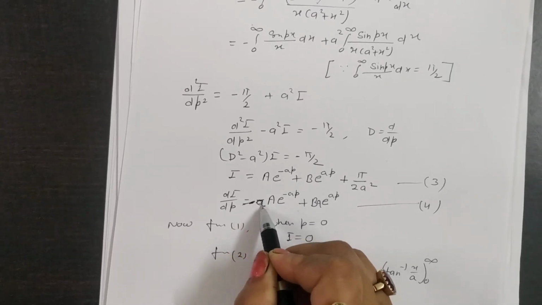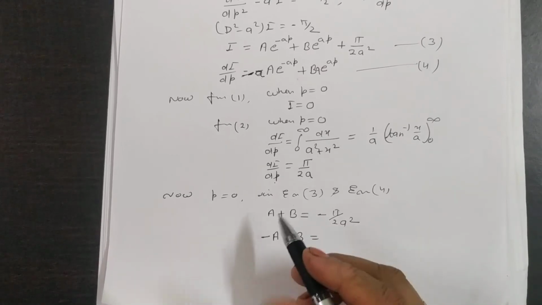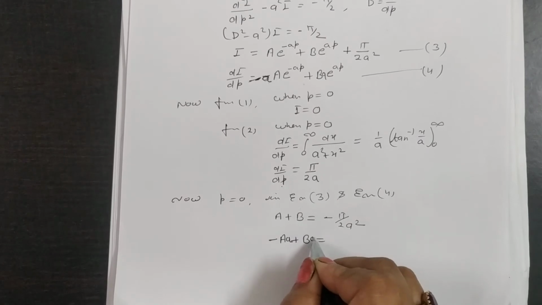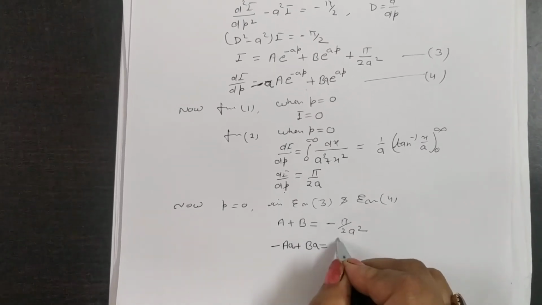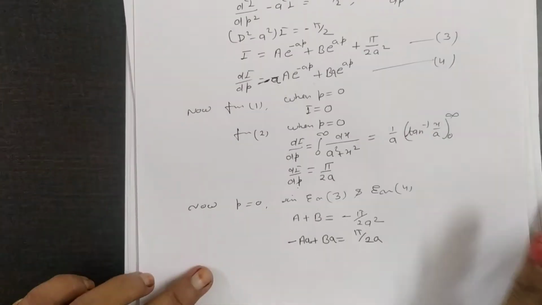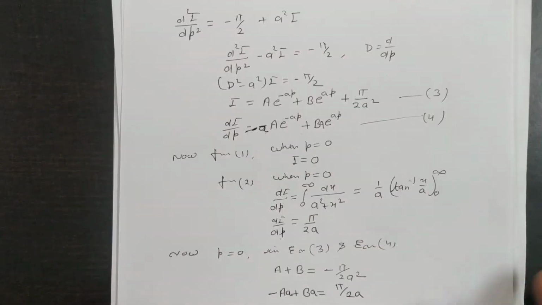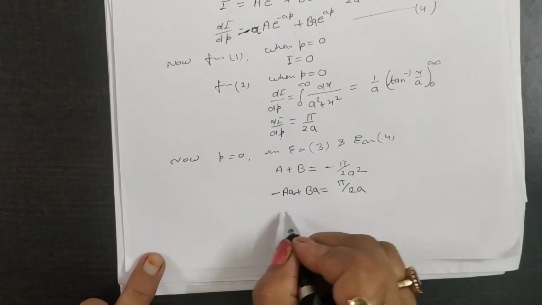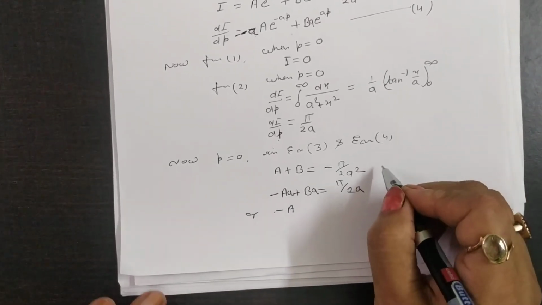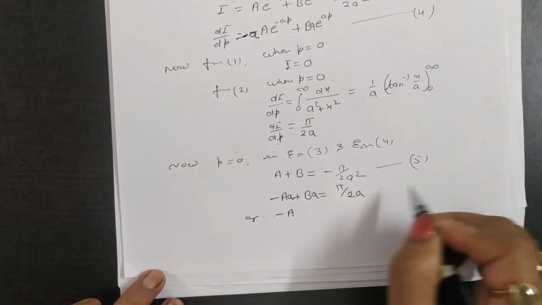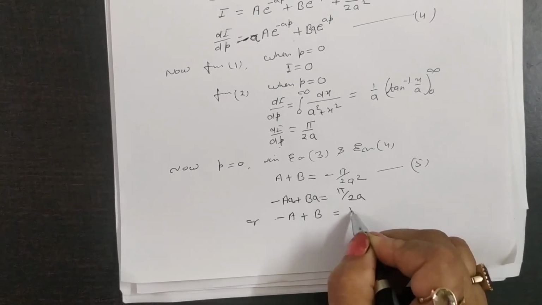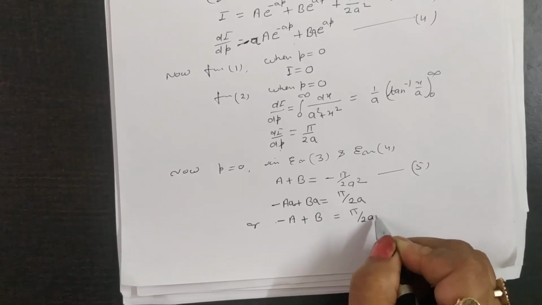So this can be written as minus a plus b is equal to pi by 2a. Let us suppose this equation is 5, and a plus b is equal to minus pi by 2a square is equation 6. Yes, clear?